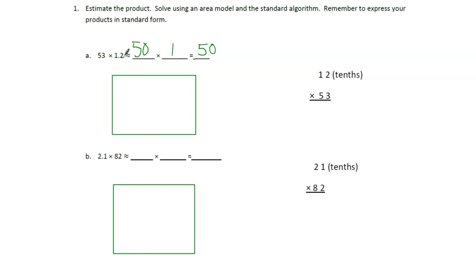Alright, so first thing we're going to do in our area model is we're going to take our 1 and 2 tenths and turn it into all tenths. So 1 and 2 tenths is equal to 12 tenths. So I'm going to separate that by saying 1 is equal to 10 tenths, and then my 2 tenths. 10 tenths plus 2 tenths.